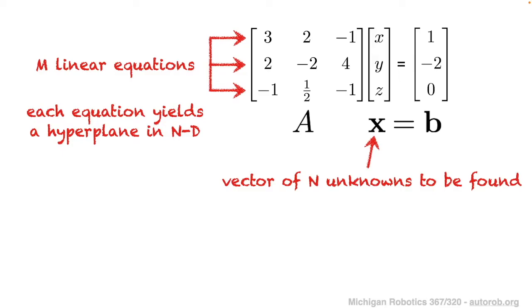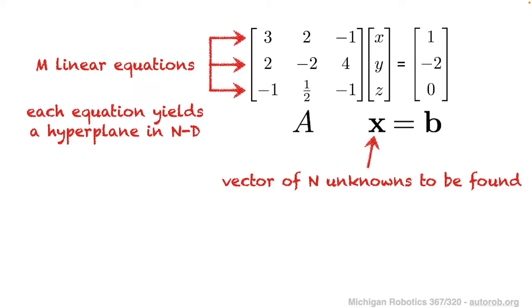The equation A times x equals B is actually describing what you can think of as a hyperplane in some n-dimensional space, where n is the number of unknown variables that we are trying to solve for.